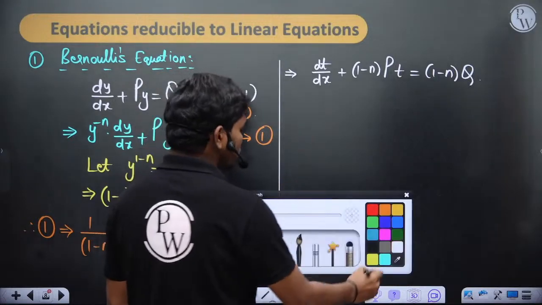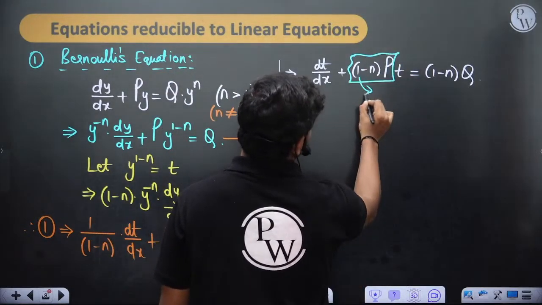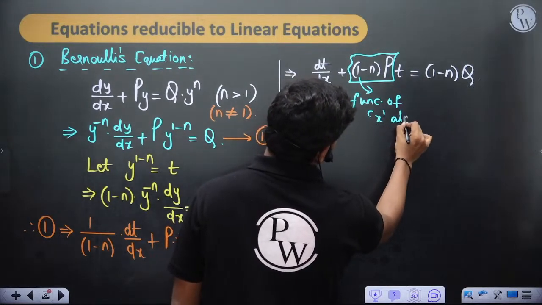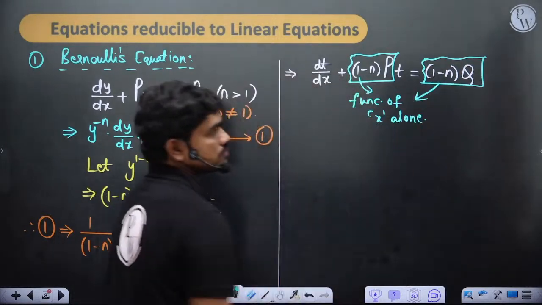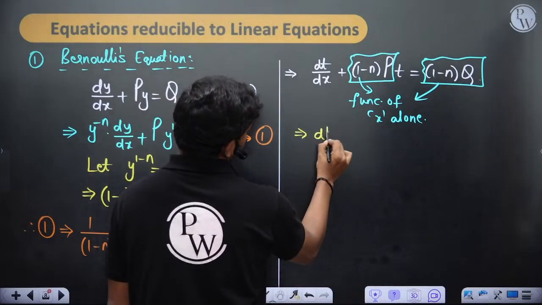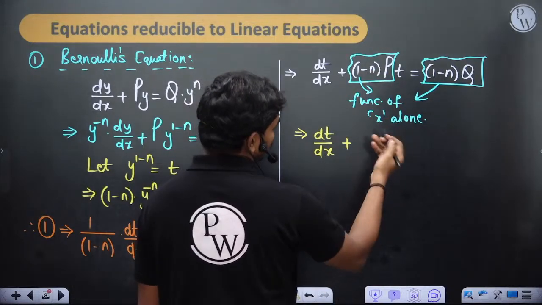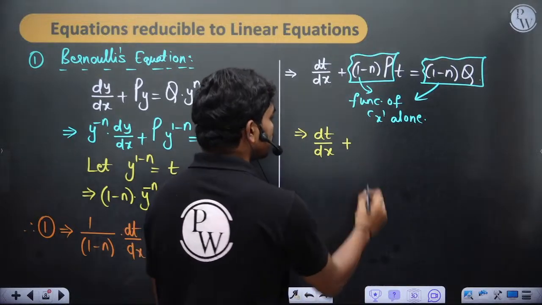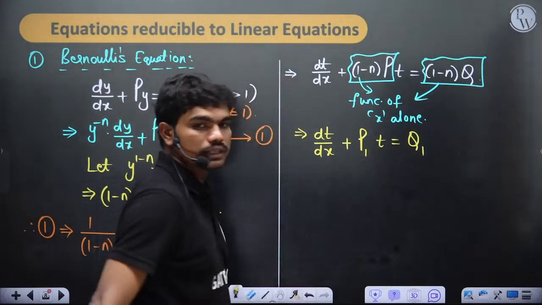So this equation can be written as dt by dx plus, let's call this p1, p1 times t is equal to q1, where p1 and q1 are only functions of x.